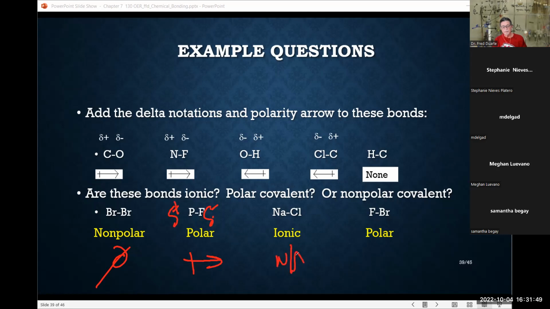Not applicable for the ionic compound. And then we got the bromide and the fluoride. Well, the arrow goes from right to left, because again, the fluoride is the most electronegative. So in that particular bond, we have a dipole, okay, being sent in the direction of the fluoride.